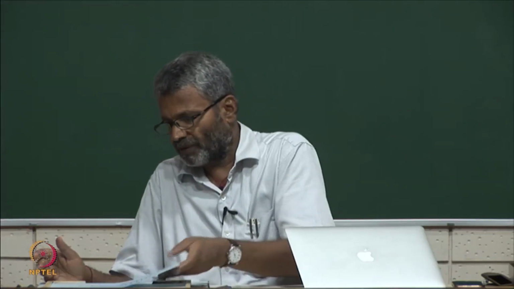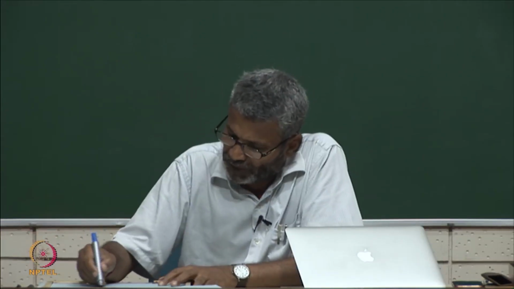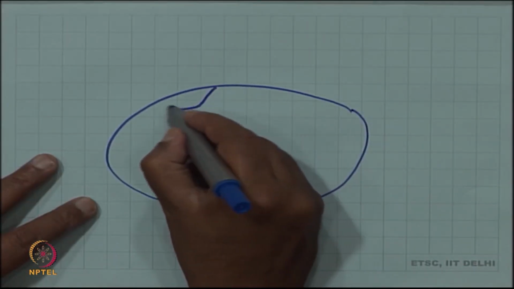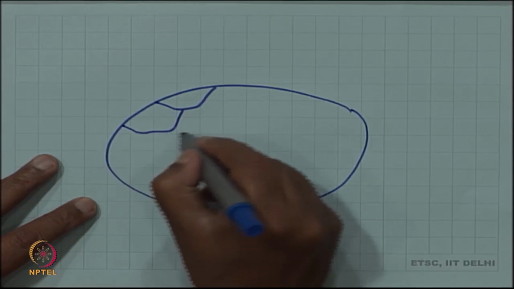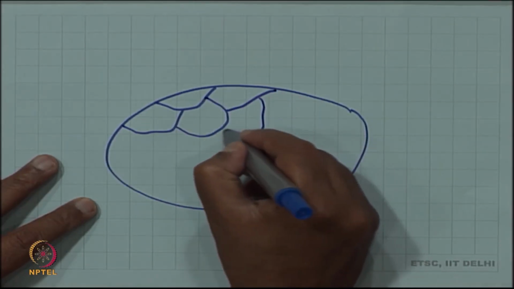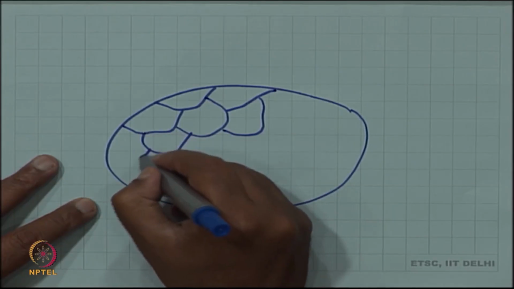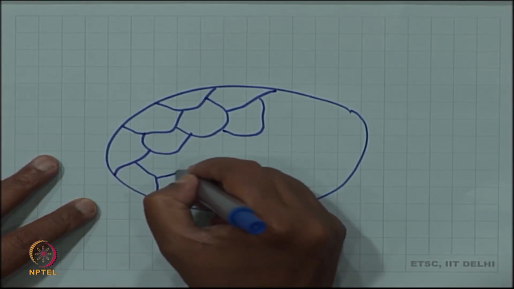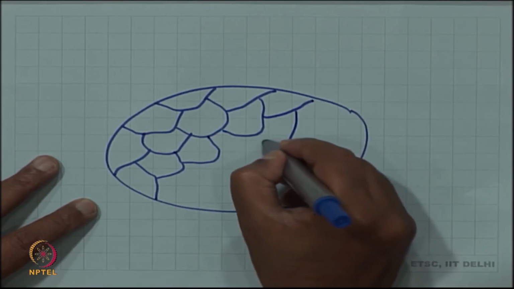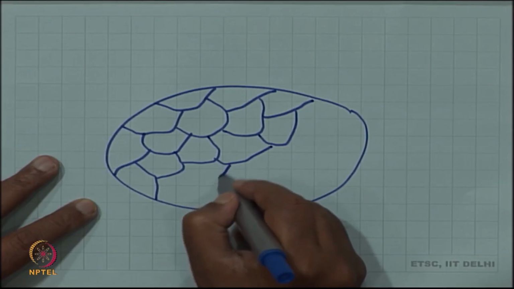Most samples of material which we use are actually polycrystalline. So, they will have not just a single grain boundary and two grains, but a multitude of grains, and each pair of grains separated by a boundary. So, I am trying to draw a cartoon sketch of a polycrystalline material.